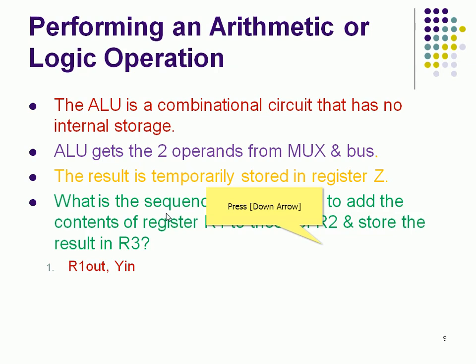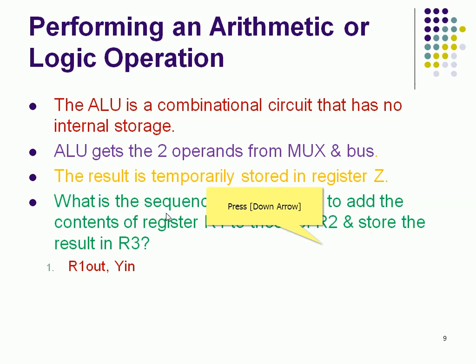At clock pulse T1, R1 out. Once R1 out happens, the contents of R1 are moved to the processor bus, and they roam across the bus, and wherever needed, they are welcomed by the in enabling.